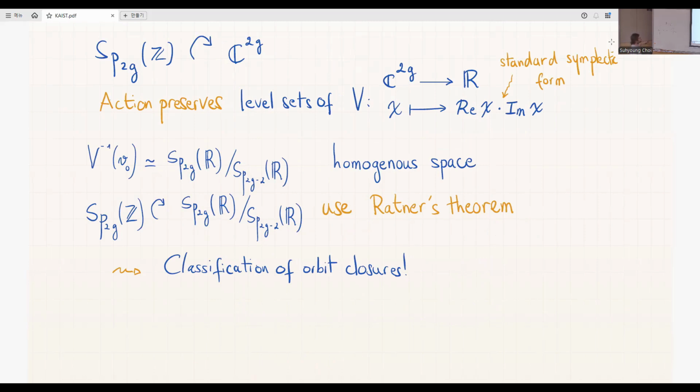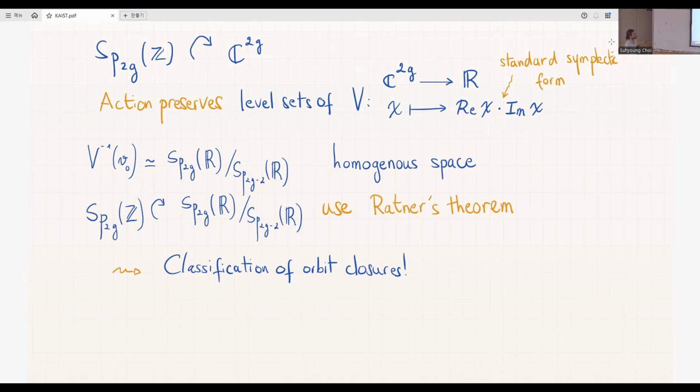And now this is really the observation of Misha Kapovich: if you look at the level set of this function V, V minus 1 of V0, the full symplectic group SP2G of R acts on it, and it acts transitively. And the stabilizer of a point is SP2G minus 2. So this level set is a homogeneous space on which we're studying the action of a group generated by unipotent elements.